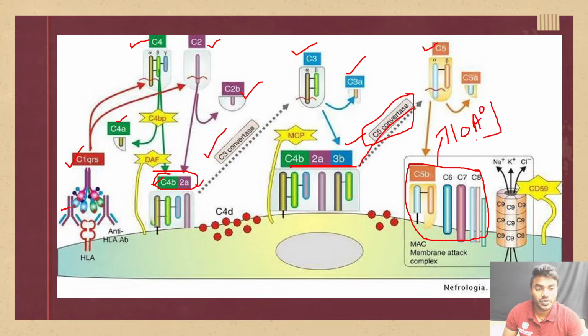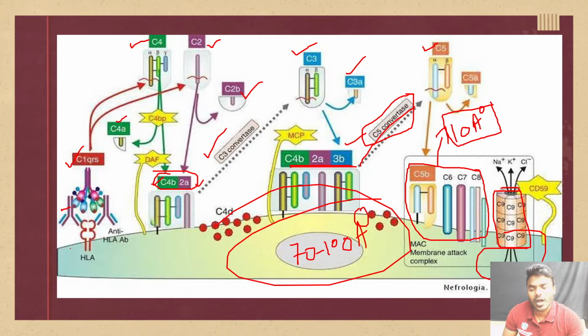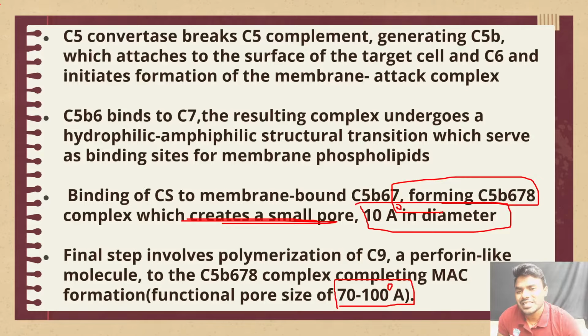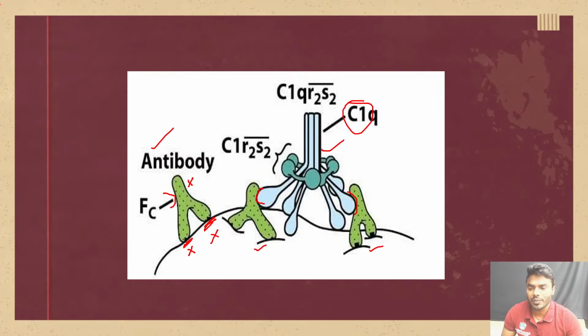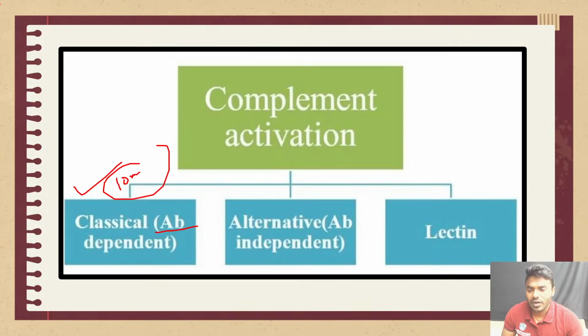Kindly do not get confused with that. Now the C5B678 complex associated with the polymeric C9, then they can form the complete membrane attack complex, which is 70 to 100 angstrom.